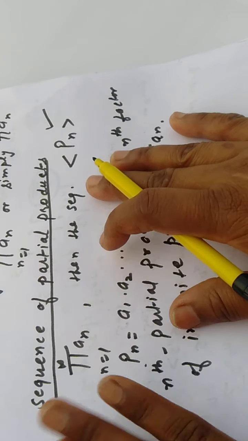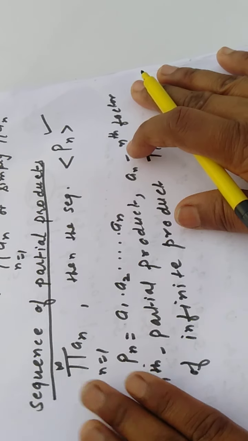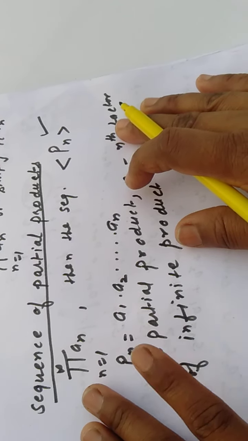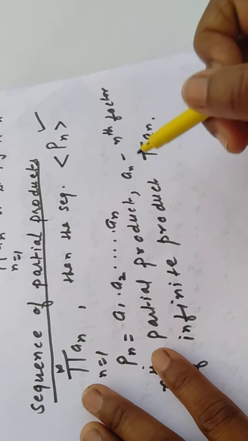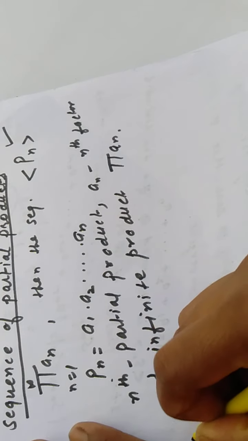Now the product of infinite terms, if it is finite, we say that the product is convergent. If it is infinite or 0, we say that the product is divergent. In case of 0, there are certain cases.